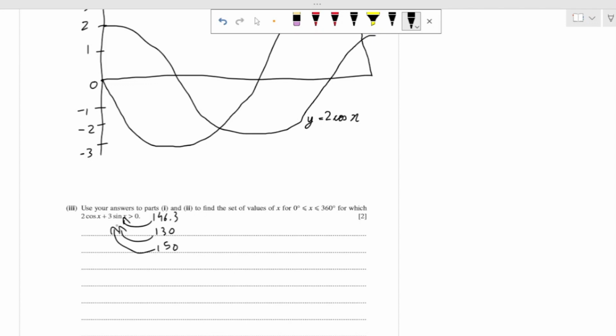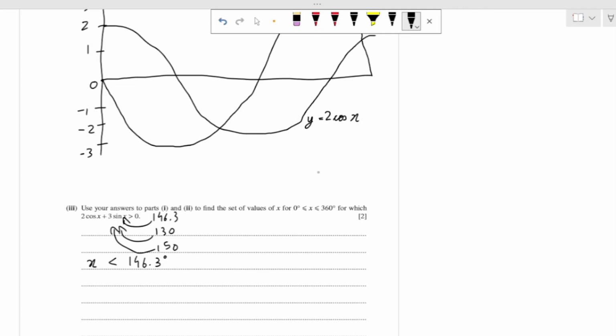So in this case, we can see that if we go greater than 146, we get a negative value, and if we go lesser than 146, we get a positive value. By doing this boundary compare method for 146, we get one of the ranges, that is x would be less than 146.3 degrees. Less than and not less than or equal to, because if x were equal to 146.3 degrees, the answer would simply be 0 as previously said.